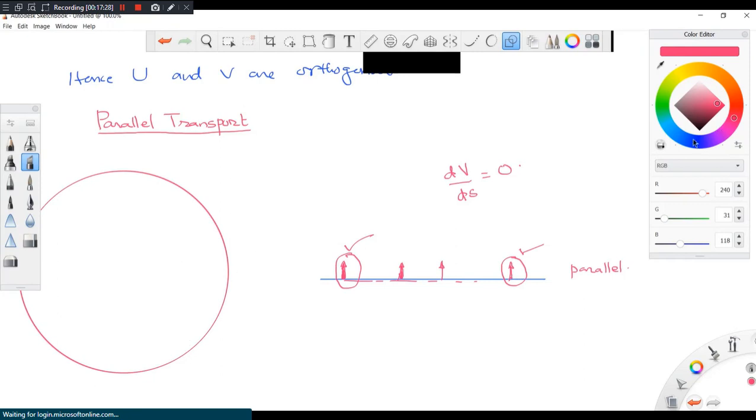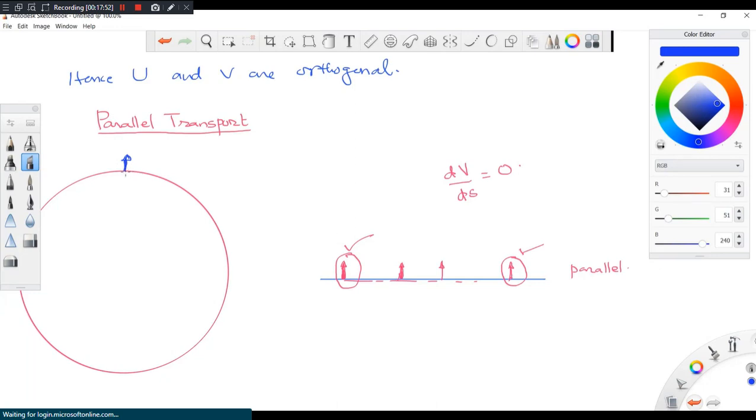I am doing the same thing here. Suppose I have a vector here, perpendicular.